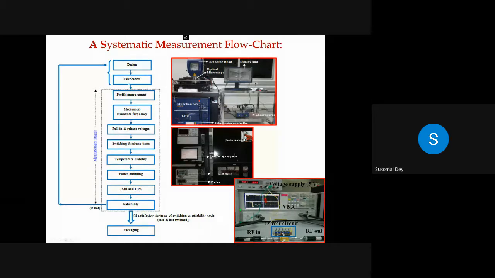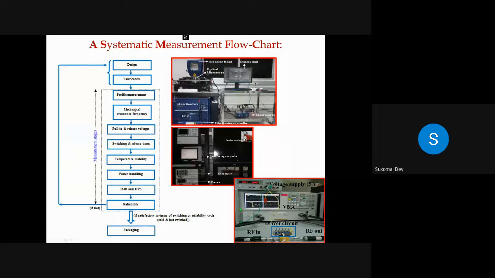If you look at the flow chart, first you have to do the design, next is the fabrication. After the fabrication, you can see in the blue color, it is written measurement stages. First you have to do profile measurement. From the profile measurement, you will get to know whether, because of the residual stress, there is any deformation in the beam or not.